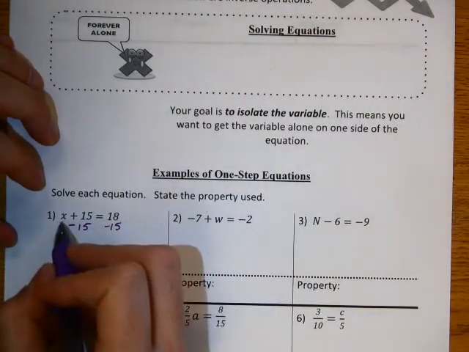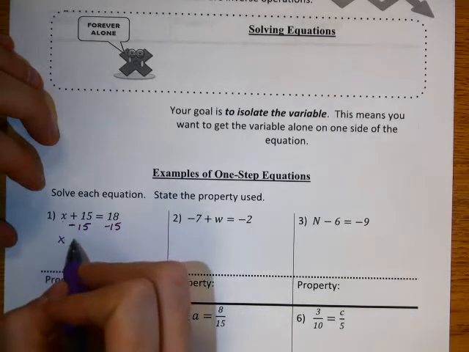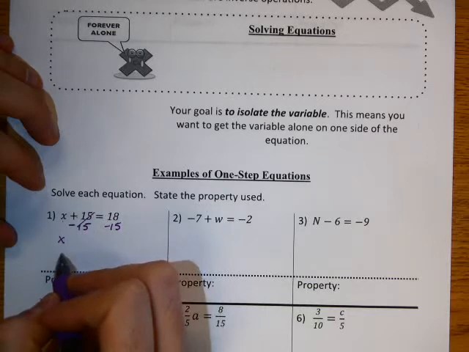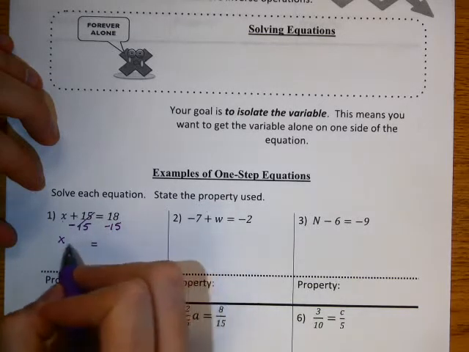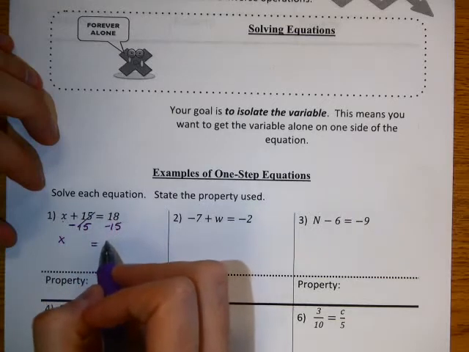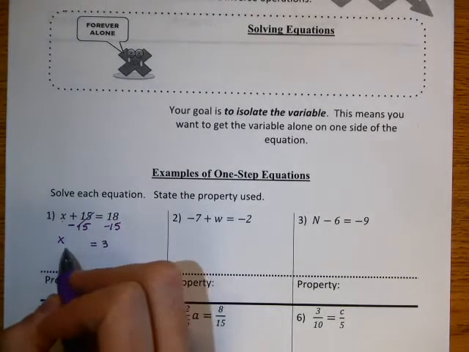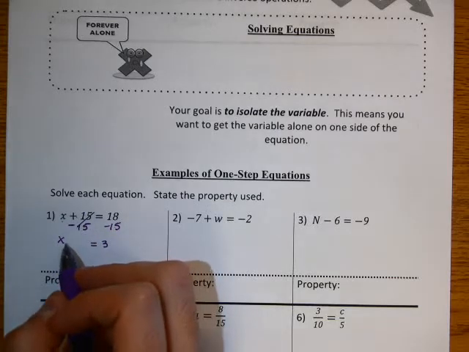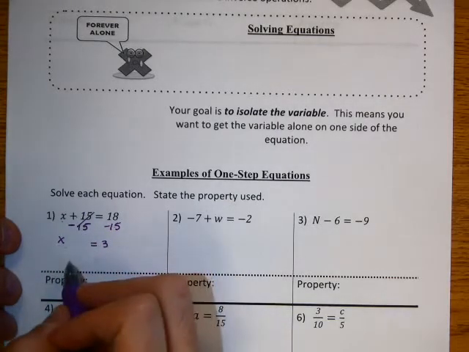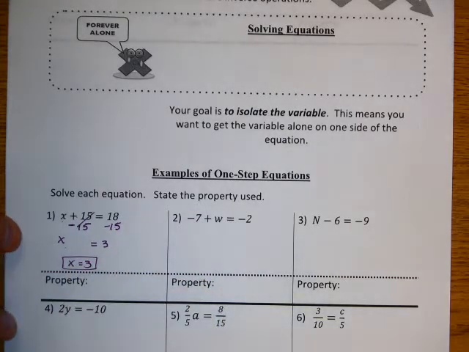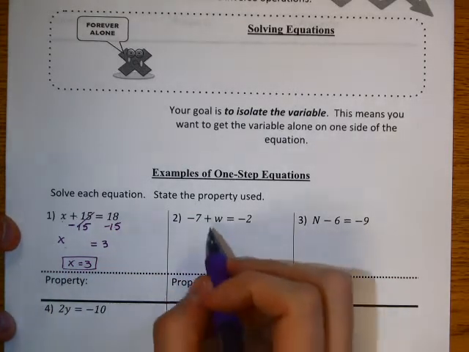Once I do that, nothing happens to Johnny. Johnny's still Johnny, but 15 minus 15 gives me 0. And that equals, since I did it to both sides, it's still equal, 18 minus 15, which is 3. So Johnny had 3 apples before I gave him 15. So x equals 3. This would be the solution to the equation, x equals 3. I figured out what my variable's value is in one step.